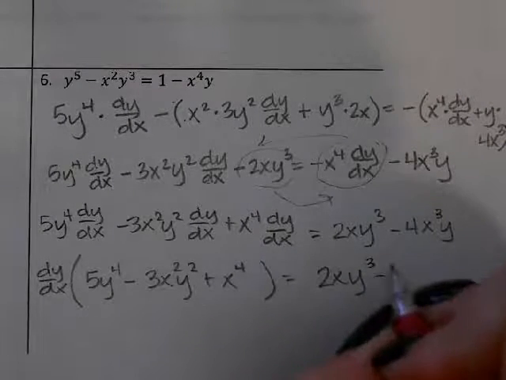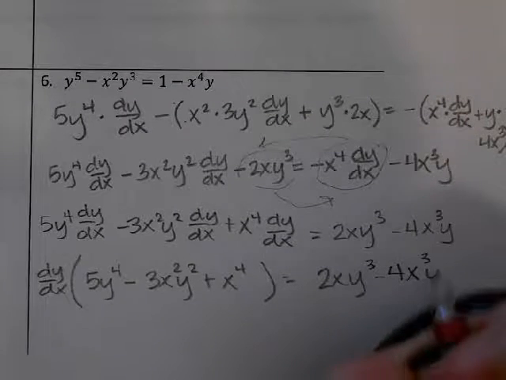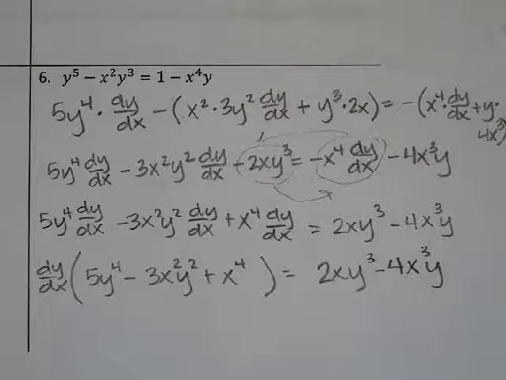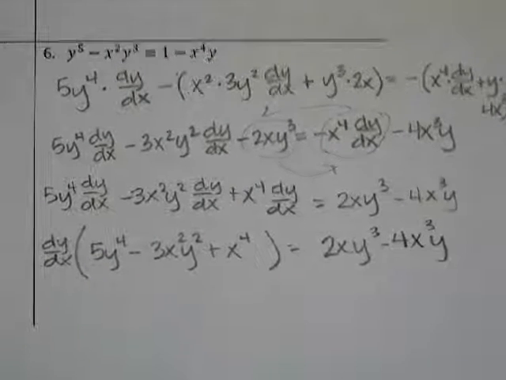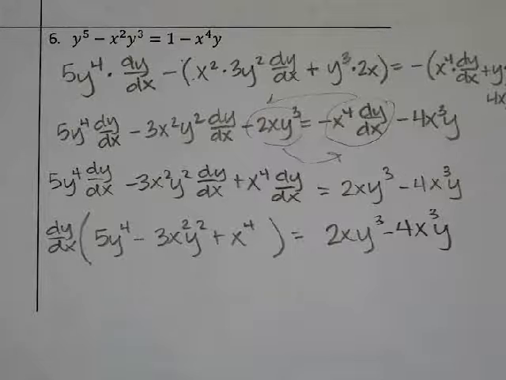Am I worried about it? Not really. Would it be in the correct order on a multiple choice problem? Maybe, maybe not. On an FRQ, it doesn't matter. Okay? All right, and then what do I do? Divide the whole parenthesis.